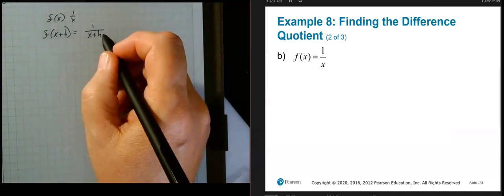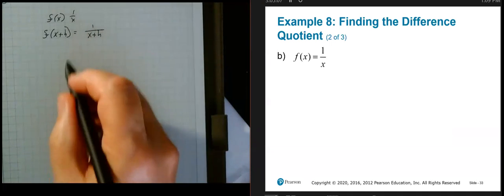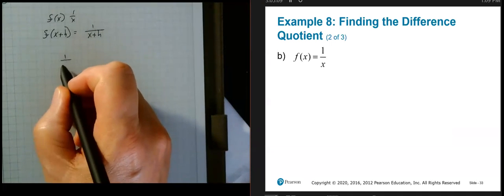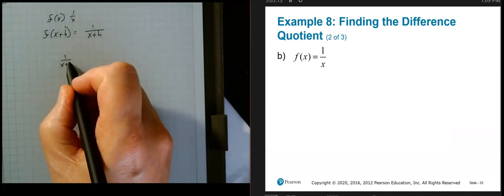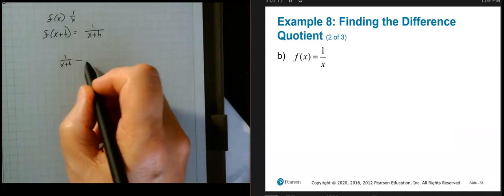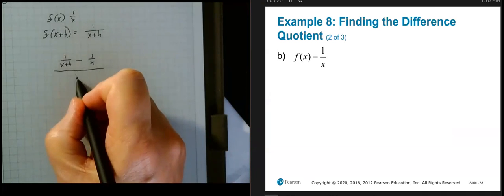So it's pretty straightforward. We have f of x plus h, which is 1 over x plus h, minus f of x, which is 1 over x, being divided by h.